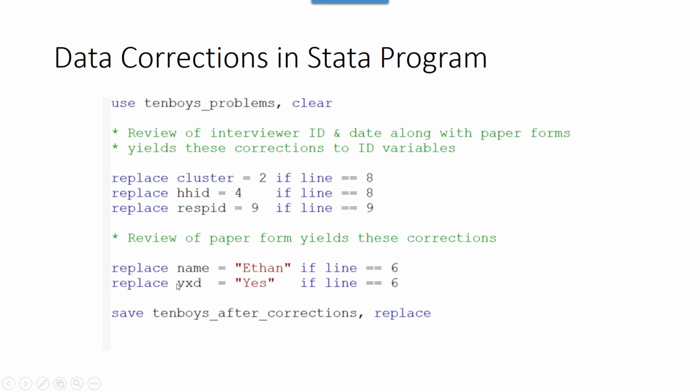And when we looked on the paper form, we found that in fact Ethan was vaccinated. So we're going to replace the value of VXD with yes in line 6. And then we would save this data set with a different name. We wouldn't overwrite the original data set. We would save it with a different name. And then both this program and the 2 data sets together help us document later what we did in data cleaning. We have a record of precisely what we did, what changes we made.